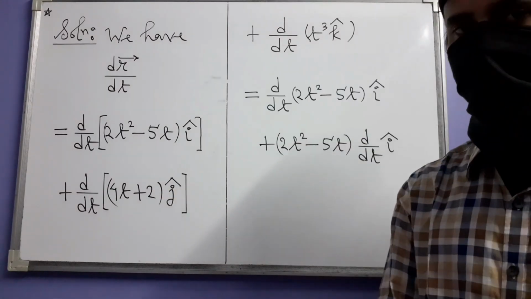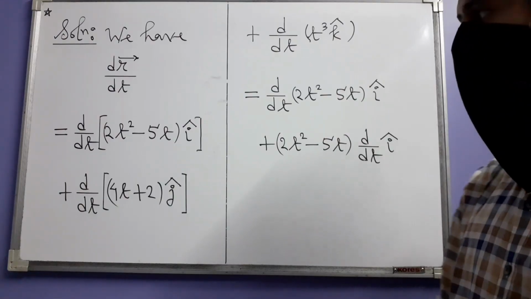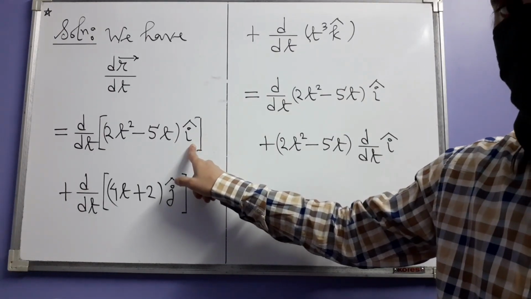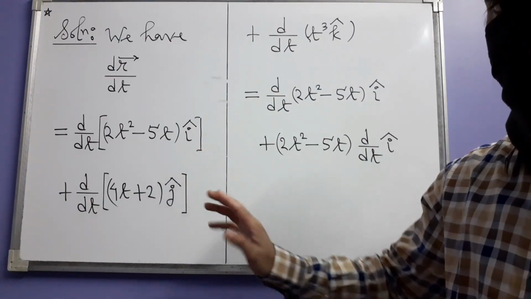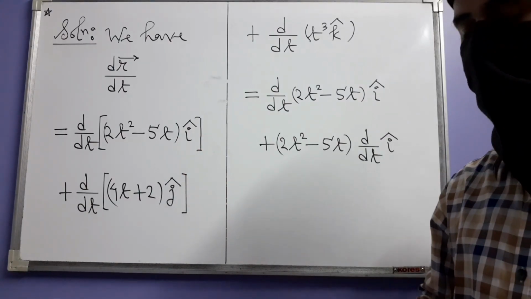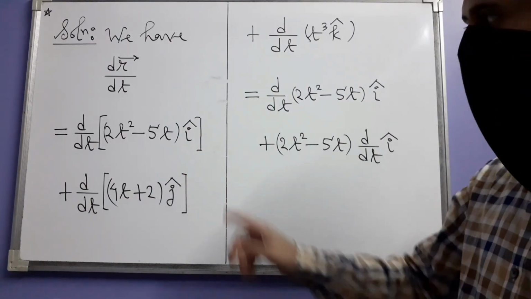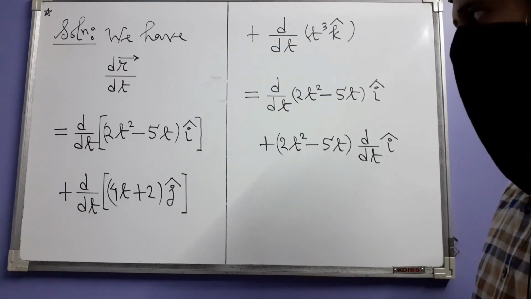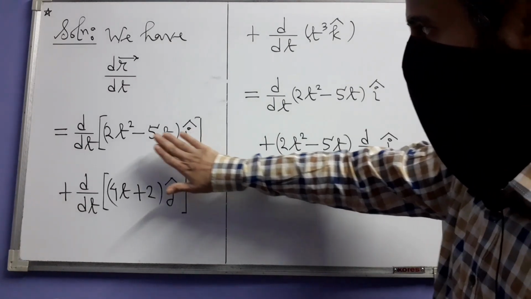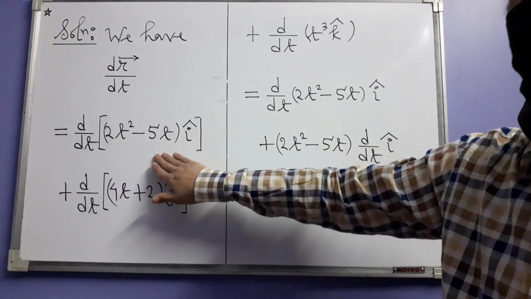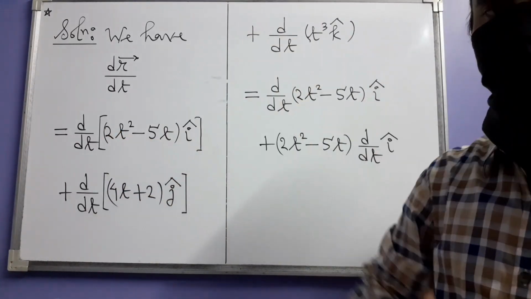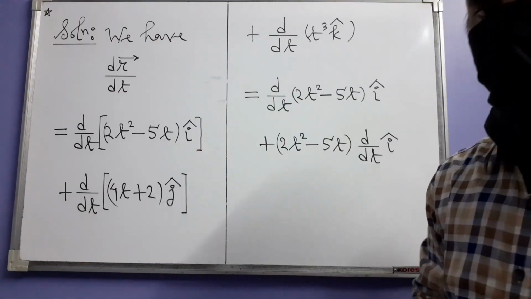In the next step we have to apply rule 2, because here we see a vector. It's a constant vector. i hat does not change with time, but still you can regard it as a function of time, a constant vector function that has been multiplied by a scalar function. So this part is your lambda alpha, and this is your u alpha.